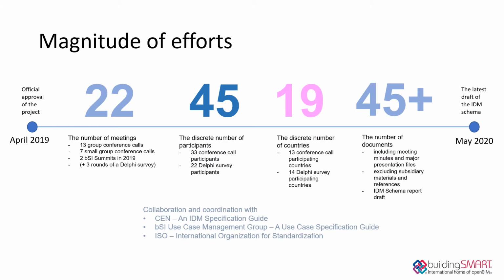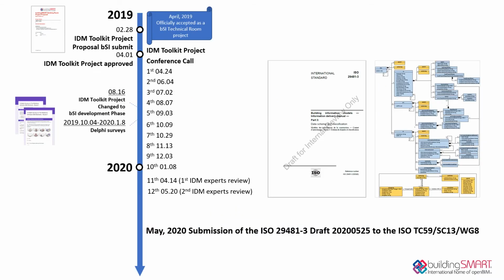A draft standard IDM data schema was developed through a year-long effort with 45 BSI members from 19 countries through 22 meetings. In May 2020, the IDM schema was submitted to ISO as a candidate for ISO 29481 Part 3.